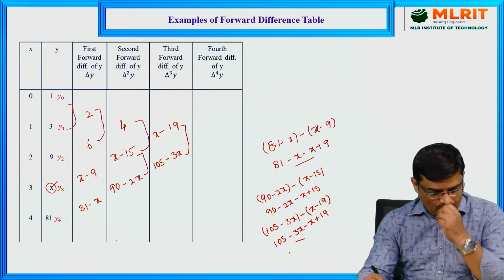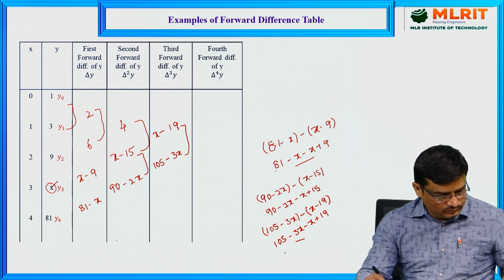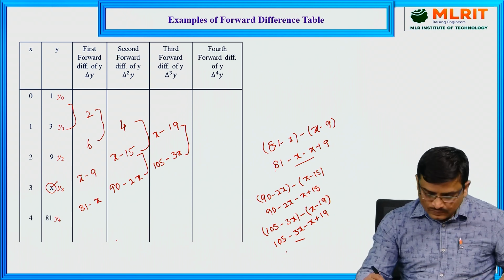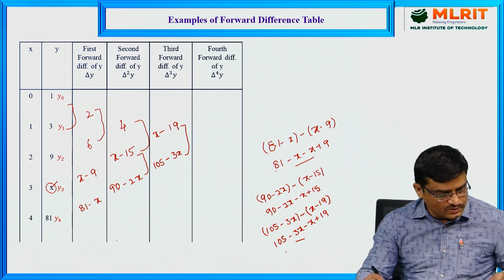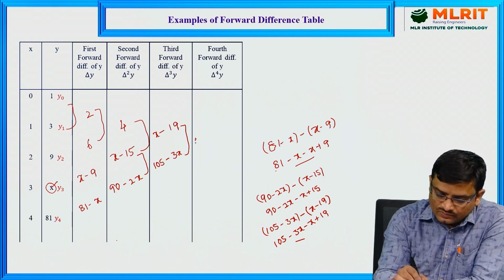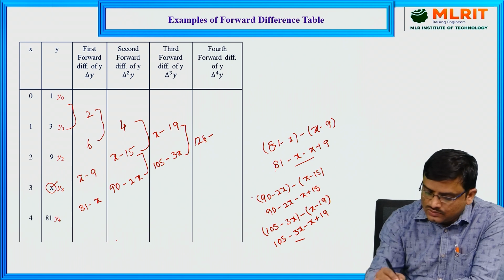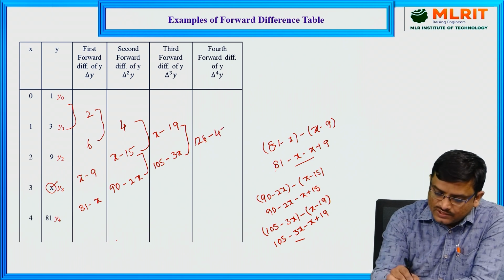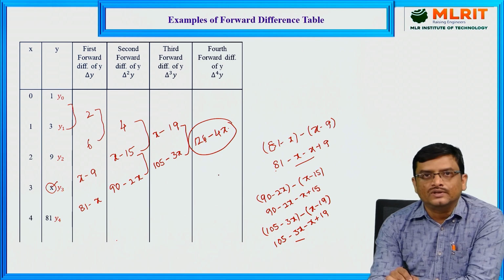So 105 plus 19, you will get 124. 124 minus 3x minus x, you will get minus 4x. So this is the last value in the forward difference table.